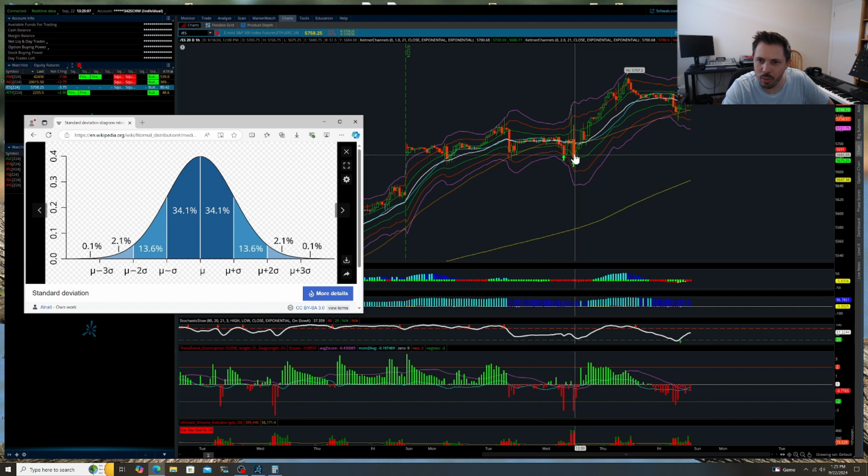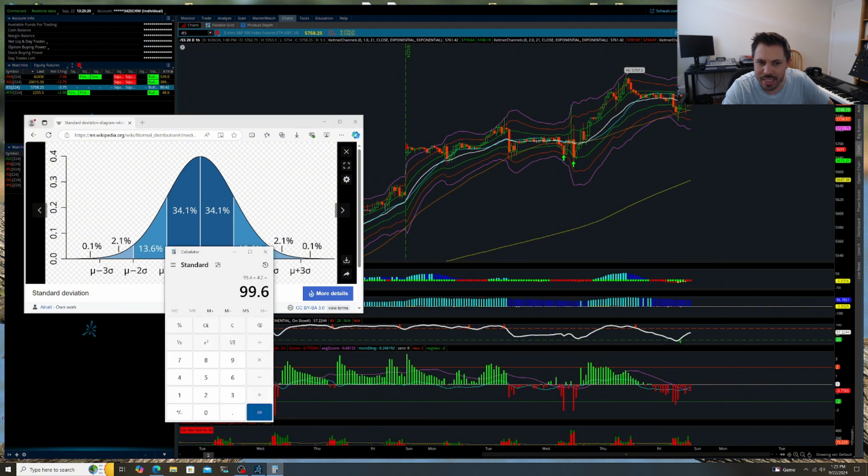Basically, this is telling me that this candle has moved larger than three standard deviations, which essentially means it has moved outside of that 99.6% range that encapsulates the entire market for this particular time period.